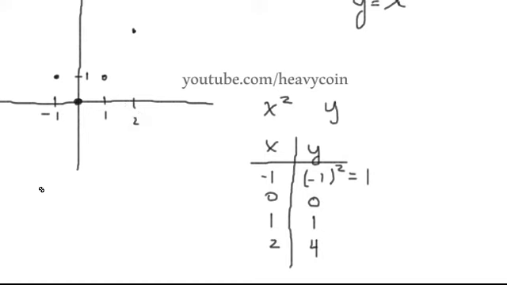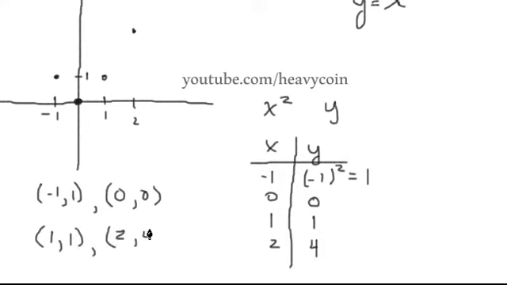Anyway, if I were to write this as some ordered pairs, our first ordered pair was -1 and then 1. So that's this address here. Then our other one was 0, 0, and we had another one, 1, 1, and then we plugged in 2 and we got 4 out.